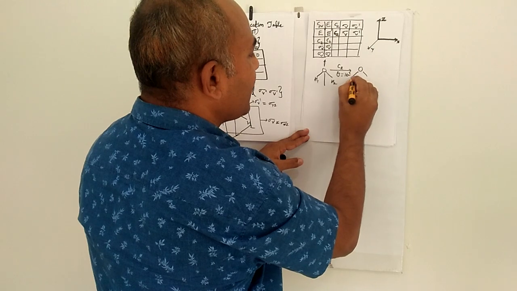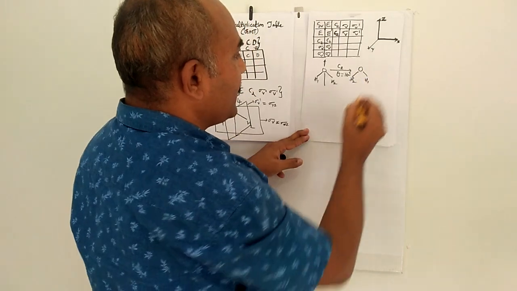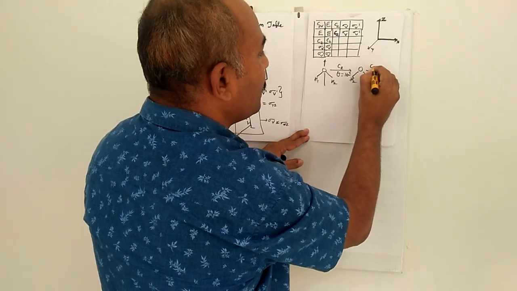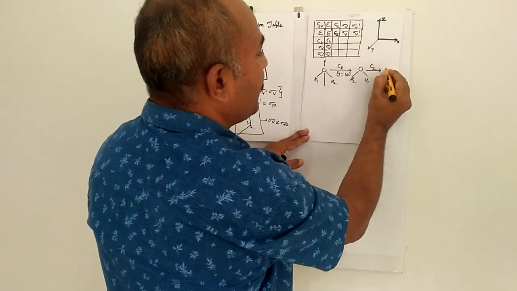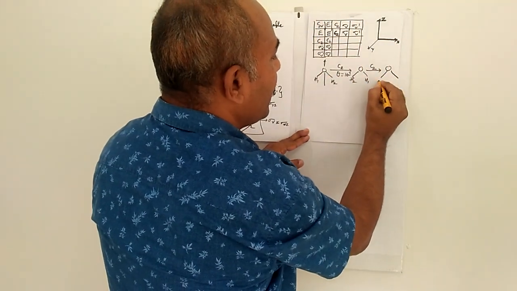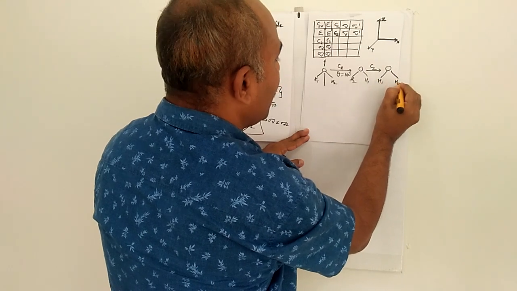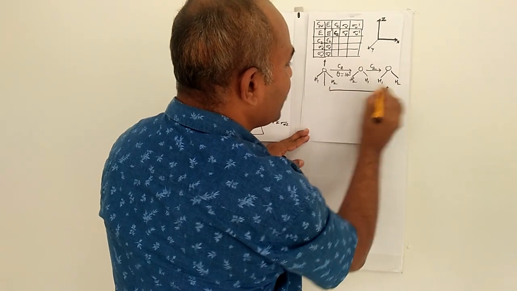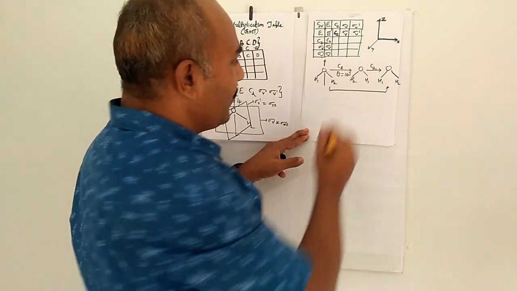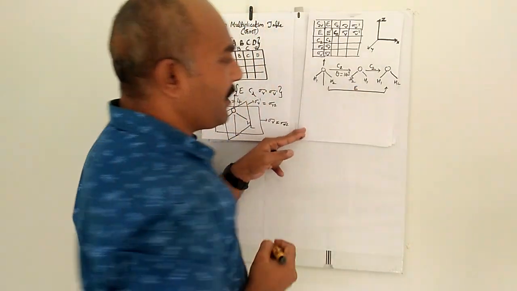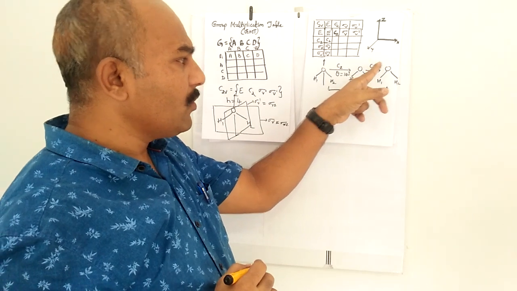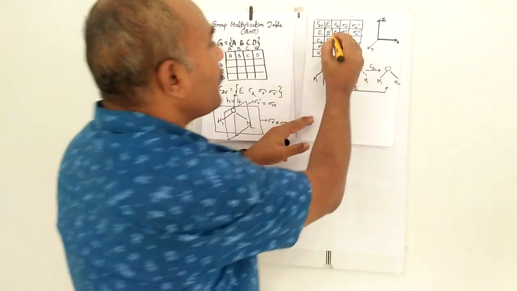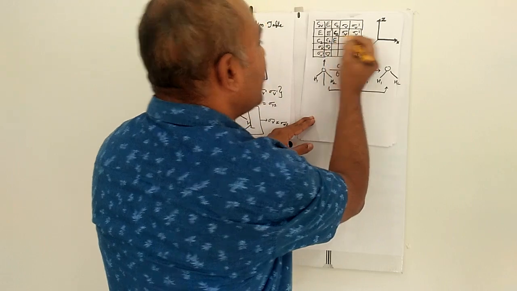Then both hydrogen atoms exchange with each other, H2 and H1, and again you do C2, that is C2 into C2, or C2 squared. Then again H1 and H2 exchange with each other and give the same configuration as the original, which is obtained by doing the identity operation. Hence C2 followed by C2, which is equal to C2 squared, the answer is E. You can fill up the box with E.